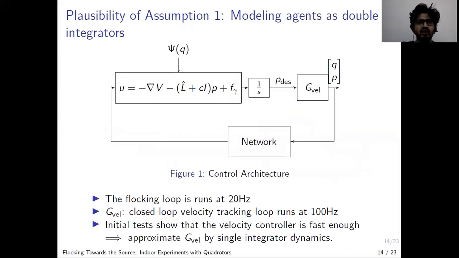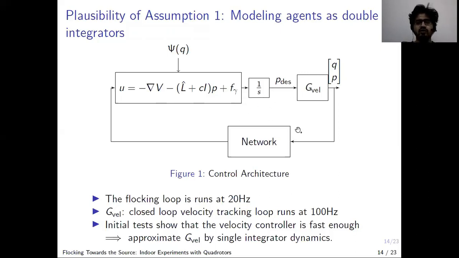Now, in order to make the first assumption plausible, we first designed a local velocity controller which ran at 100 Hertz in the velocity loop, which is shown here as G_vel. We tested the tracking performance of G_vel by trying out different p-desired trajectories, where p-desired means the desired velocity trajectories.